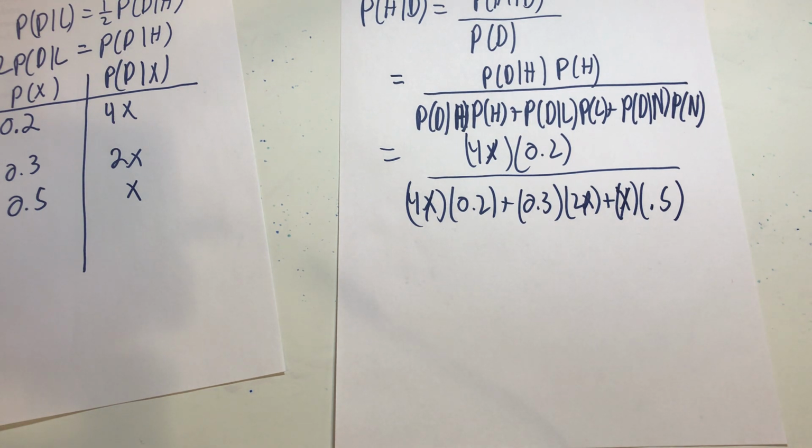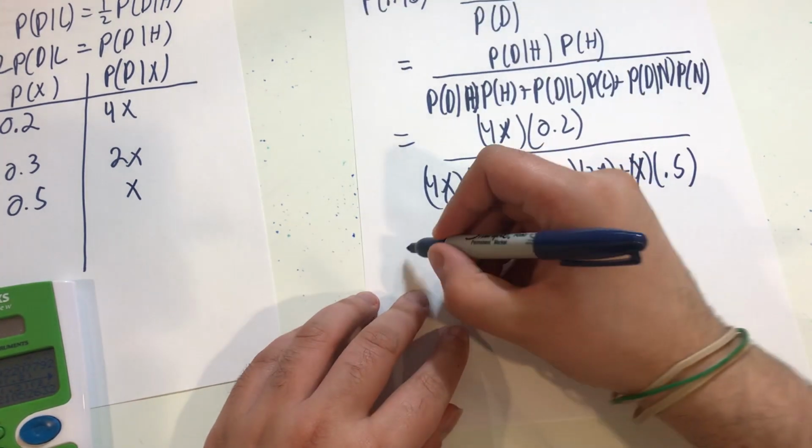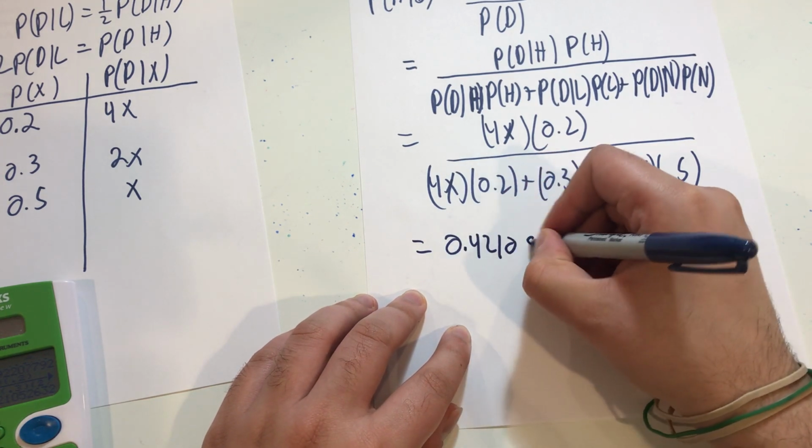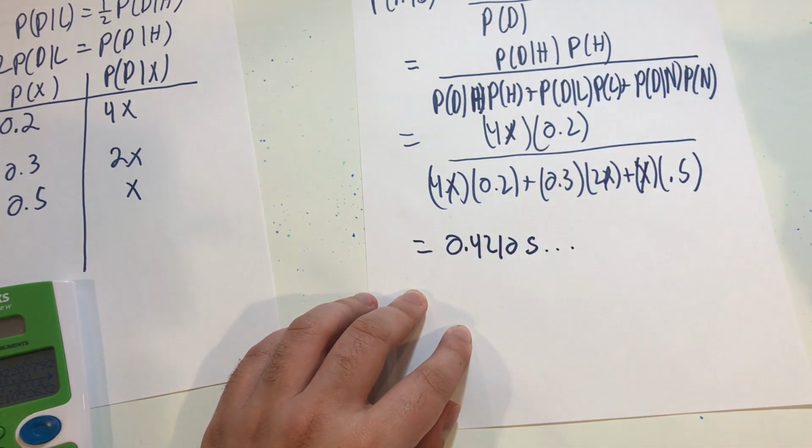I'm just going to put that into a calculator real quick: 4 times 0.2 all over 4 times 0.2 plus 0.3 times 2 plus 0.5. And that gets me a final answer of 0.42105.